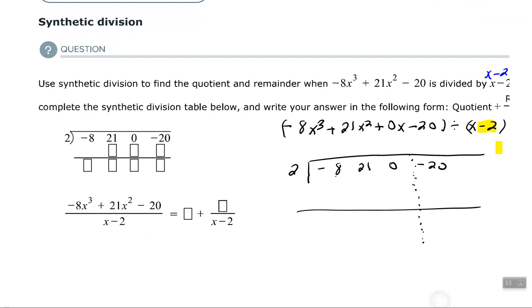Okay, so start the process out. Go ahead and bring down the first number, negative 8. And then we have 2 times negative 8 gives us negative 16.